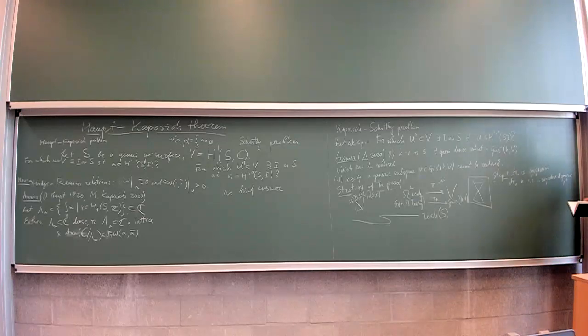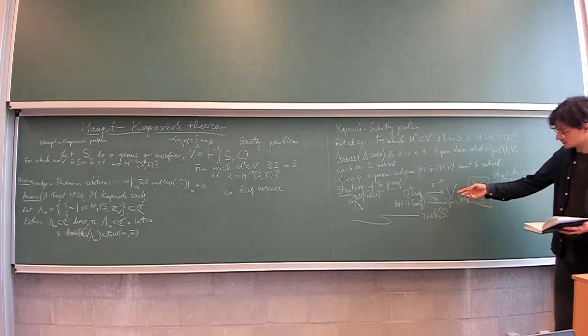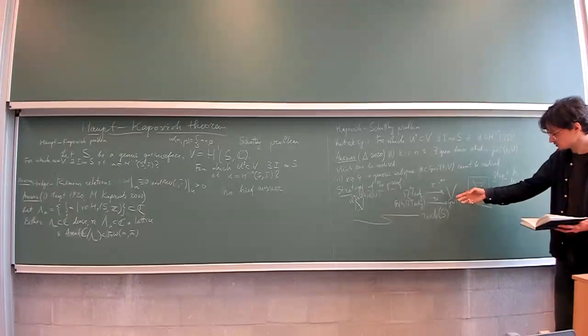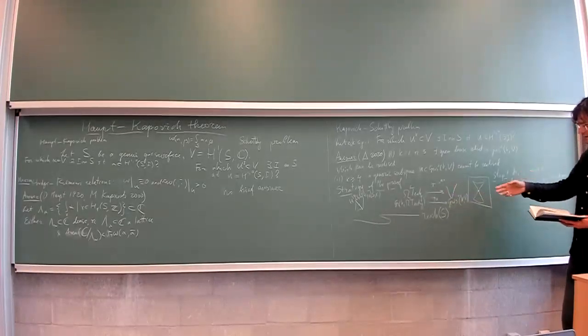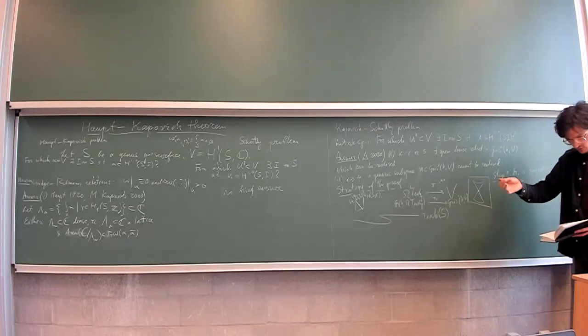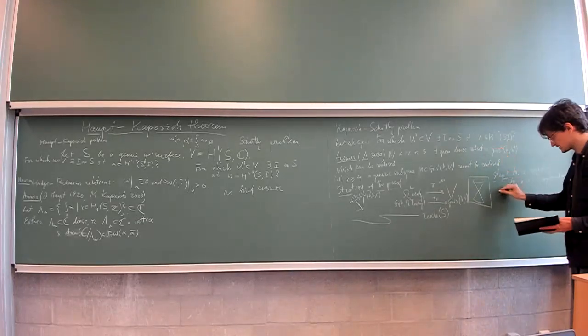So this is the first thing. Here we know that the image contains some open subset. How do we conclude from here that almost everything can be realized?